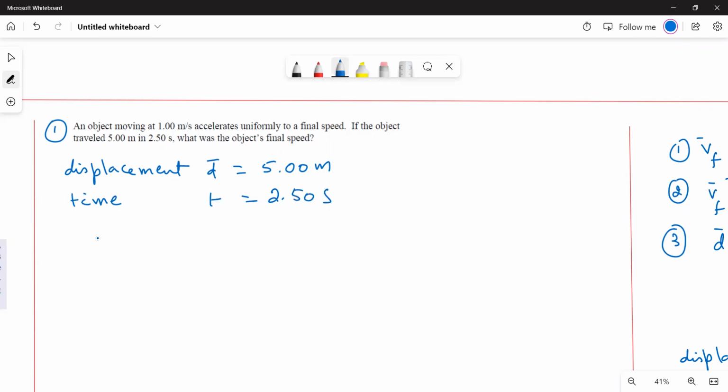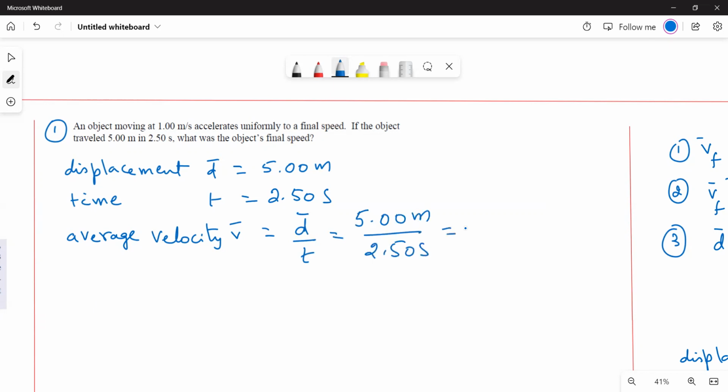Now we have to find the average velocity. Average velocity V bar is equal to displacement over time, that is 5 meters over 2.5 seconds, which is equal to 2 meters per second.